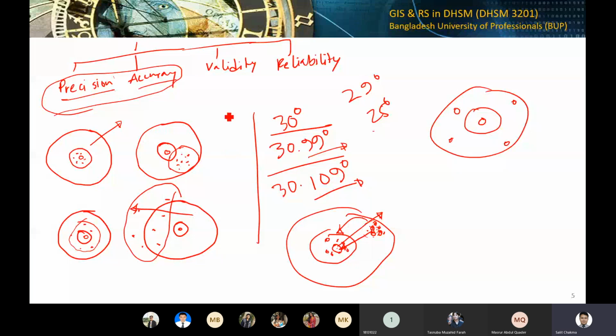All right, so there goes precision and accuracy. The validity and reliability is also important. So validity deals with the operational definitions. So for example, flood or temperature is highly defined or globally accepted in the global community.